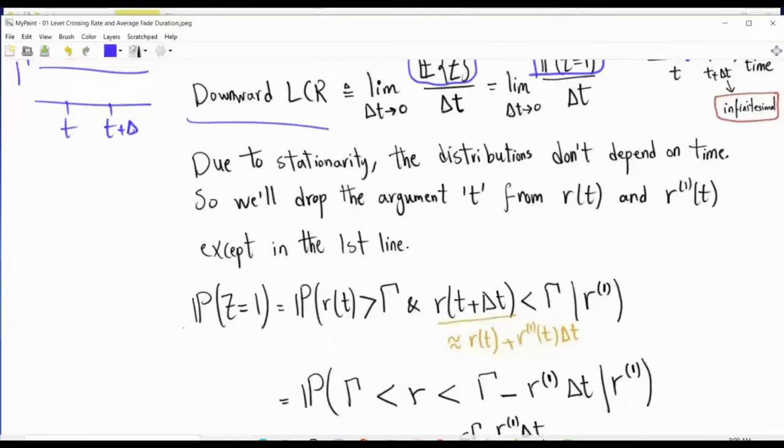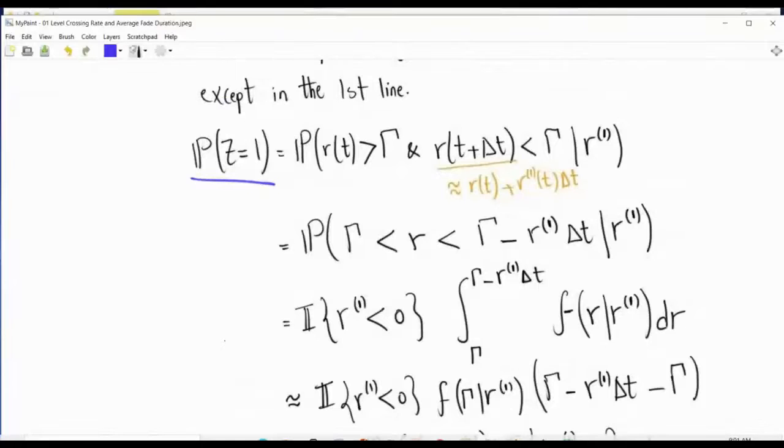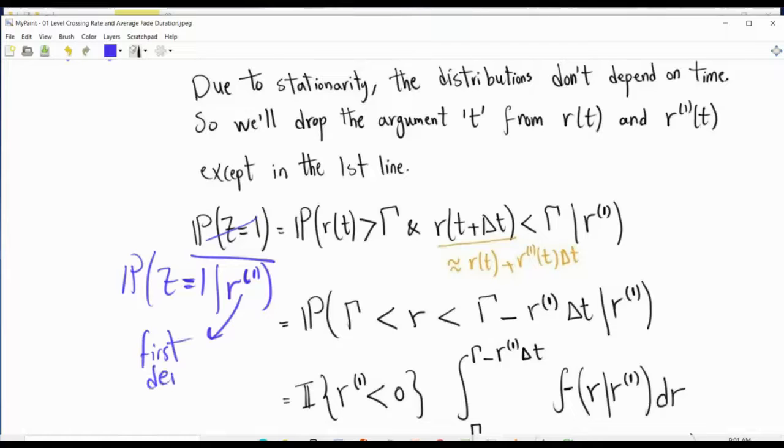Okay, so what is the probability that z is equal to 1? And I am conditioning here, so to be clear, let's actually add this conditioning. The trick here is to condition first on the value of the first derivative, which is the mean square derivative in our case.